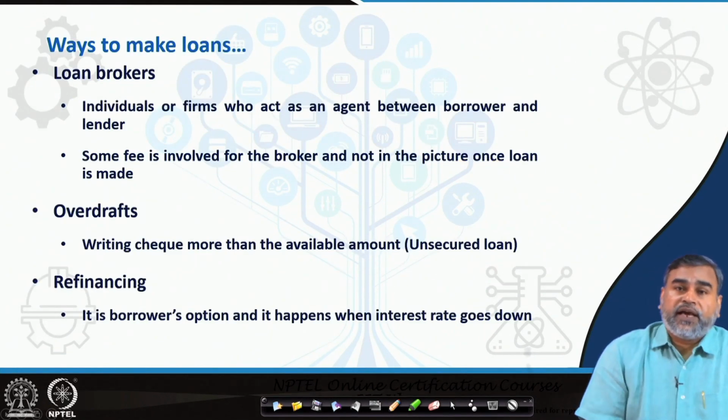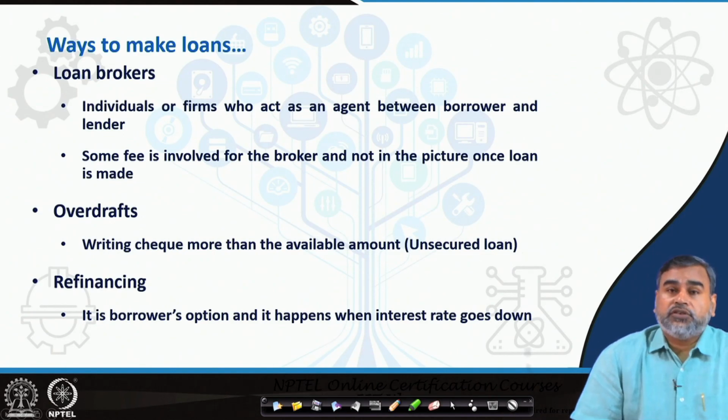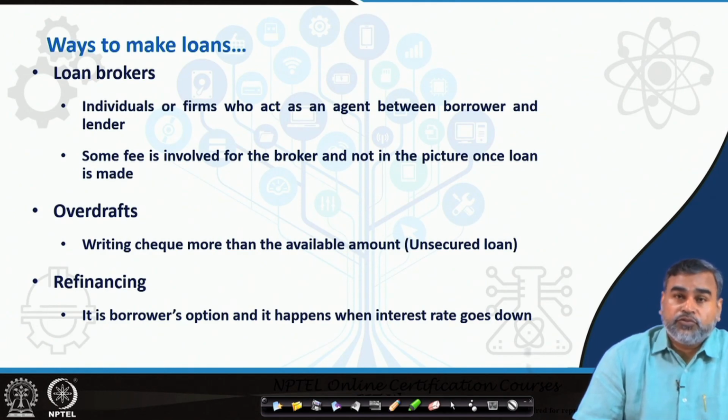Another way the banks provide loans is through loan brokers, which is relevant in the US and in India also. Generally, instead of directly contacting the banks to get a loan, the individuals or firms who act as an agent between the borrower and the lender are called loan brokers. The loan brokers can contact you, or the bank can also take the help of loan brokers.